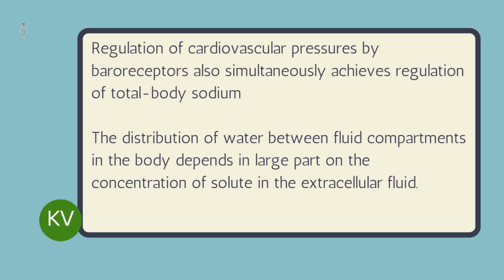Regulation of cardiovascular pressures by baroreceptors also simultaneously achieves regulation of total body sodium. The distribution of water between fluid compartments in the body depends in large part on the concentration of solute in the extracellular fluid.